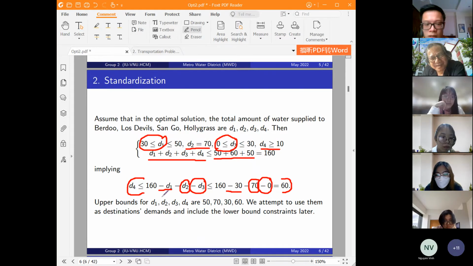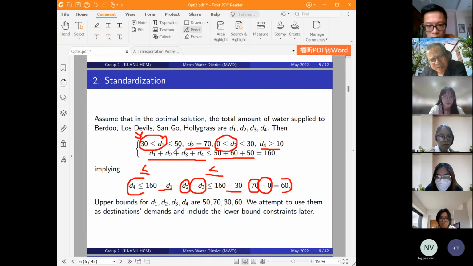We do not forget, because we only want to find the upper bound for D4. The fact that 30 is less than or equal to D1 will be included in the problem later on. But up to now, we only need to find an upper bound for D4. So we want to make sure that the inequality has the less than or equal to sign, so we have to use the first part of this.